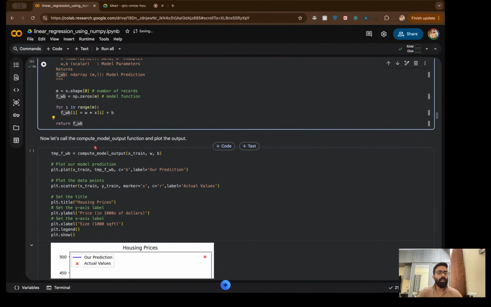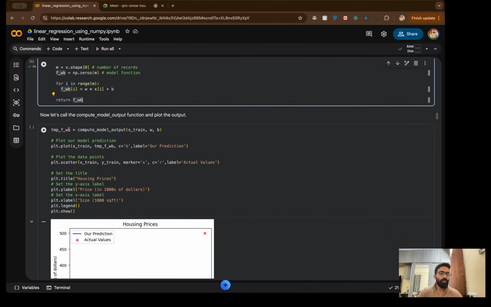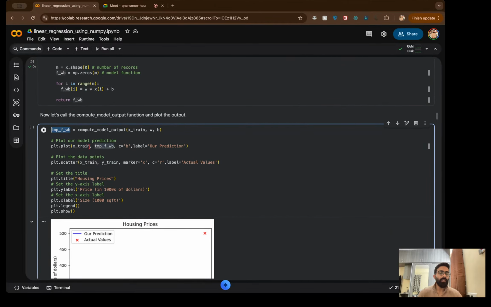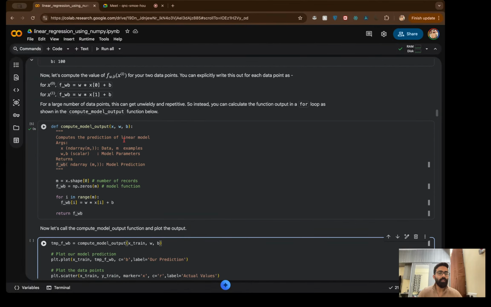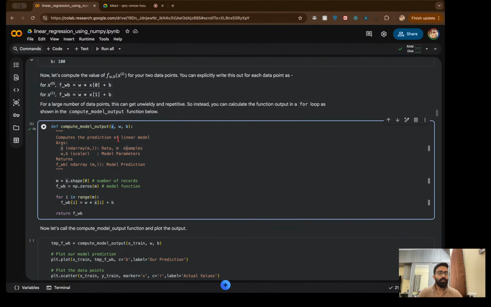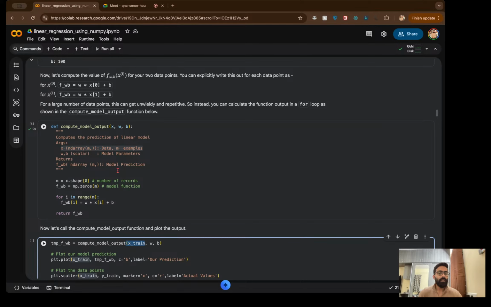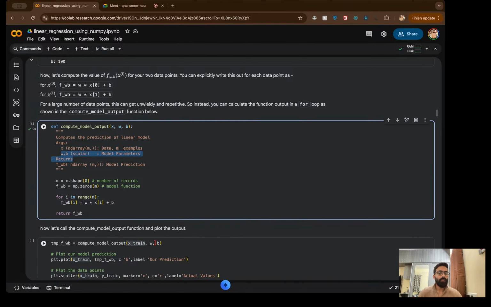Now let's call the compute model output function and plot the output. I'm defining this temporary f_wb and calling this function based on our input features x_train and w and b parameters. This is what this function needs: one ndarray, x_train, and model parameters w and b.